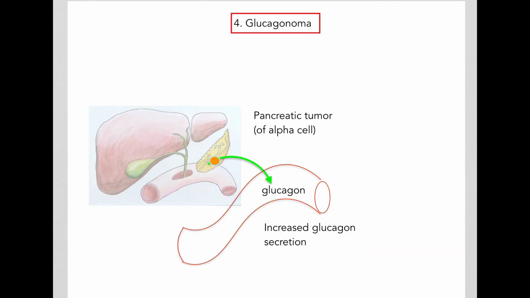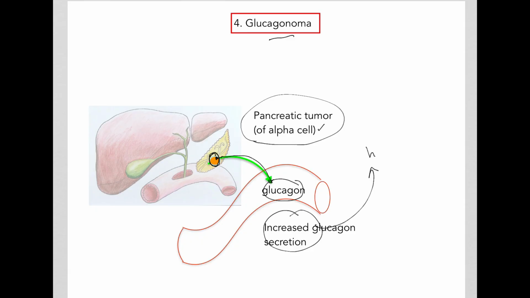So it makes sense that if glucagon increases blood glucose, and if we have too much glucagon secretion, for example in a pancreatic tumor, what we call a glucagonoma, a tumor of the alpha cells, where the alpha cells have divided, many alpha cells are being formed in this tumor, and they are functional, they are actually secreting glucagon, so your glucagon levels go very high. You have very high glucagon in your blood, and because glucagon increases blood glucose, that's going to cause hyperglycemia.